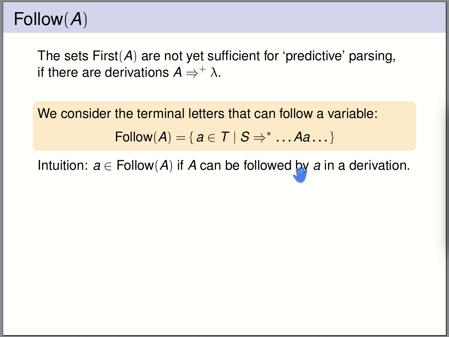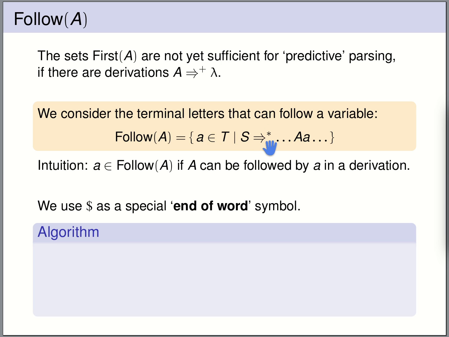Then we also need to compute the so-called follow sets for every variable A. Follow of A consists of all terminal letters that appear directly after the variable A in a word derivable from the starting variable S. So we look at all words derivable from the starting variable and we take all terminal letters that follow directly the variable A. So again, this is not good enough for computing these sets because we possibly have to consider infinitely many words.